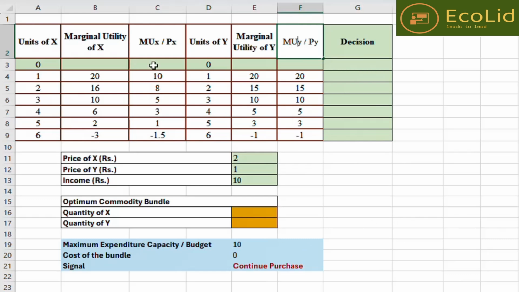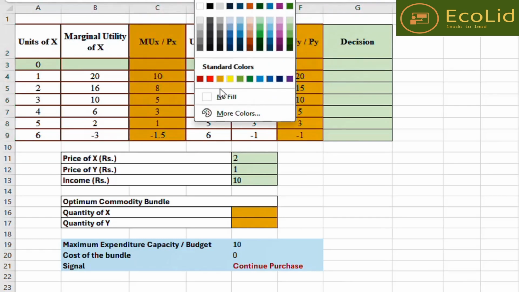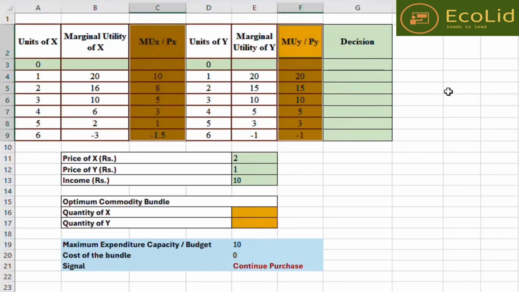Now we need to compare these two columns. I'm highlighting the columns in a yellowish color.